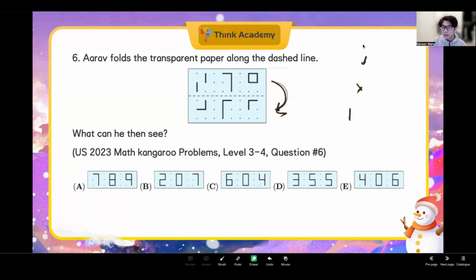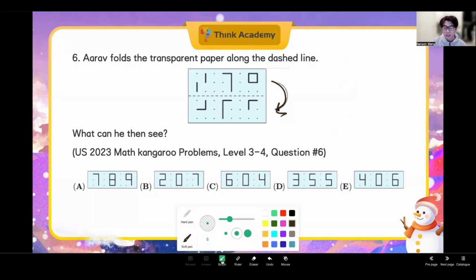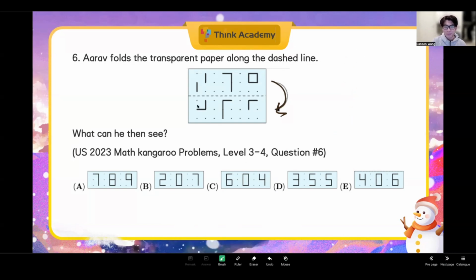So you use the axis of symmetry to draw exactly the same thing. The dashed line is the axis of symmetry. Using the dashed line as the symmetry line, you draw exactly the other half, but in the lower part.